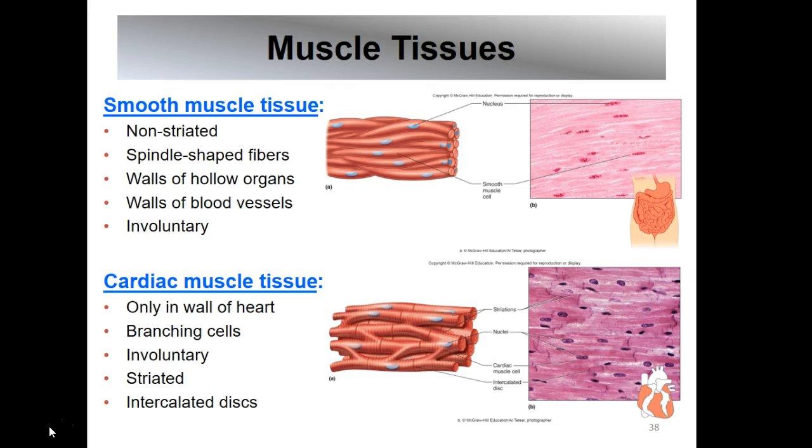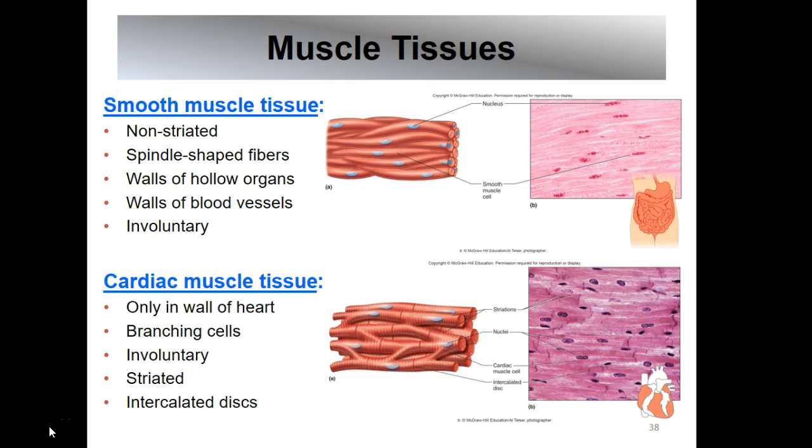So they don't have a ton of nuclei like the skeletal muscles that you control. They are found in the walls of hollow visceral organs, walls of blood vessels, and attached to hair follicles in the dermis.